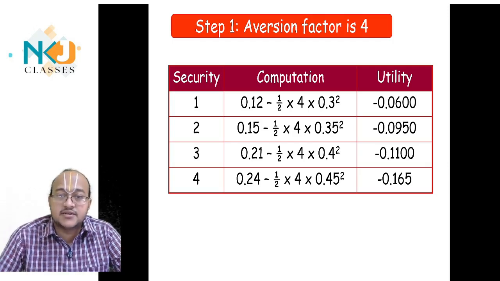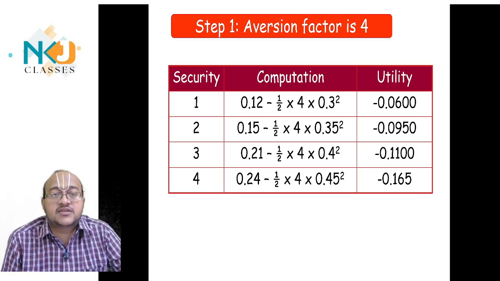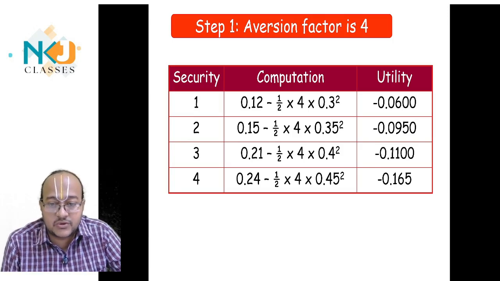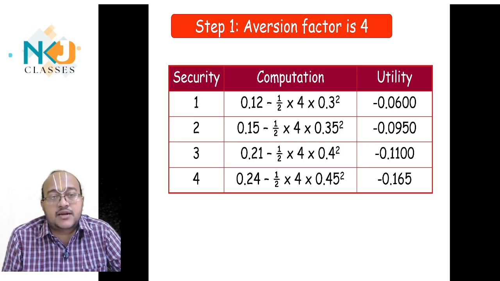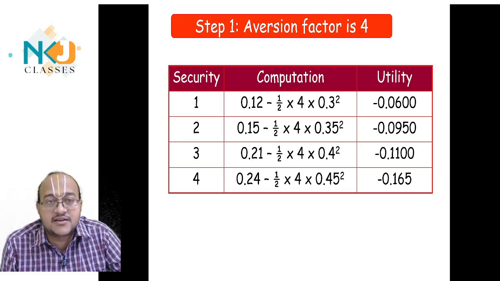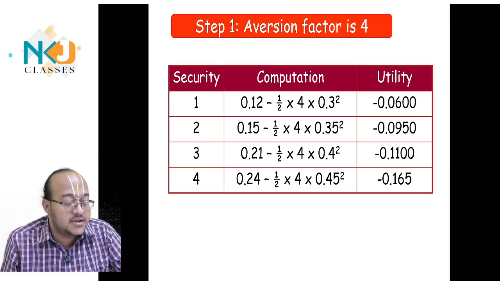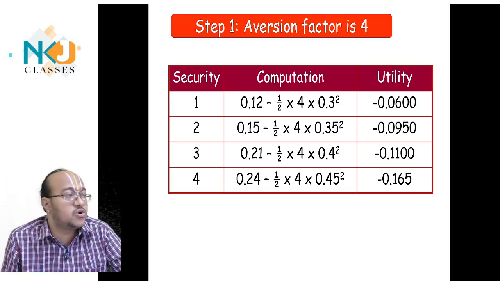So all the securities are giving negative utility, which is giving sorrow, unhappiness only. But anyway you have to select now. What will you select? You will select the lesser evil. You will select minus 0.06 as security 1, so that the utility is least negative.